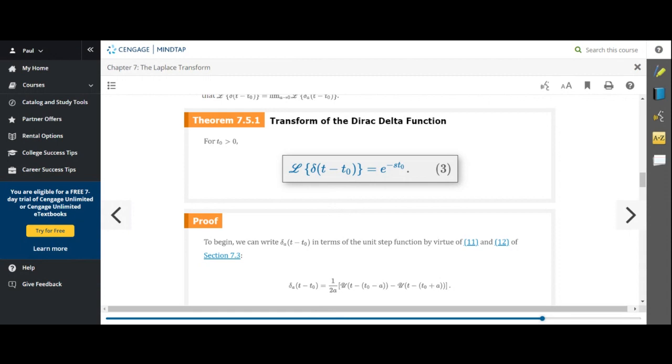But the Laplace transform of the Dirac delta function is equal to e to the negative s times t to the 0 power.